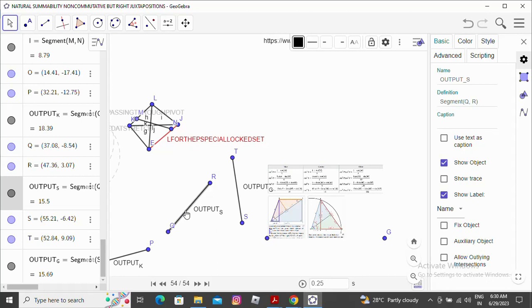The original line segment is kept there, but the copy of the original line segment also transforms, and it makes a copy of the whole system on the affine plane.